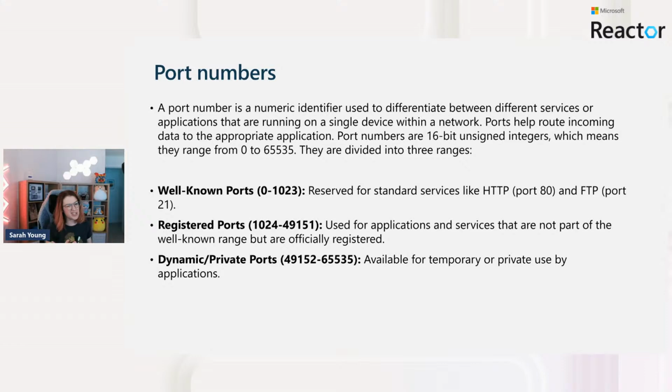So standard services and protocols that we use on the internet and in networks have a fixed port number. HTTP, or unencrypted web traffic, is 80. HTTPS, which is what you should mostly be using nowadays, is 443. FTP is port 21. It's worth saying you actually can change these ports, but these are the standard ports.